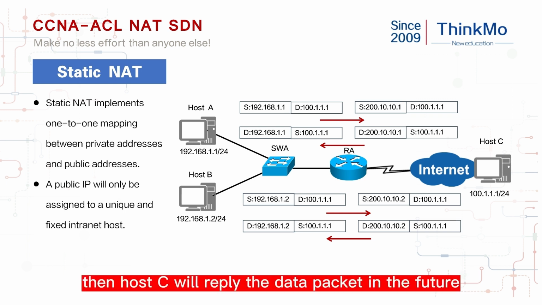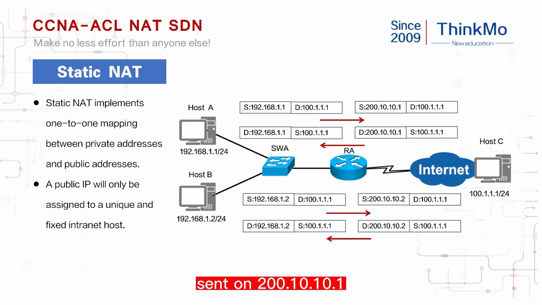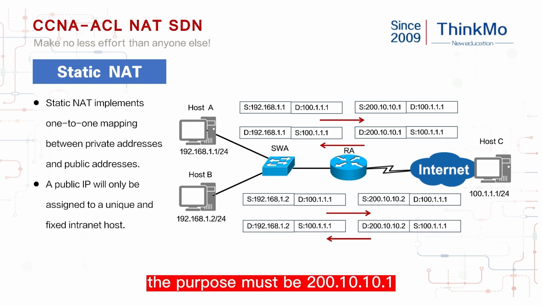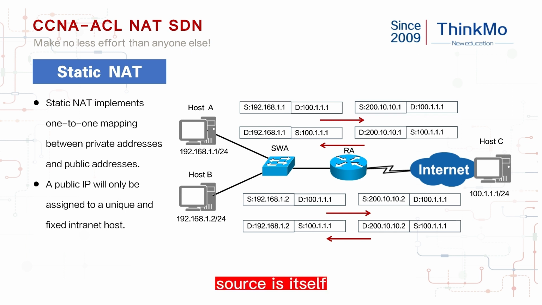Then host C will reply with the data packet. It must reply to the destination IP 200.10.10.1, with the source being itself.